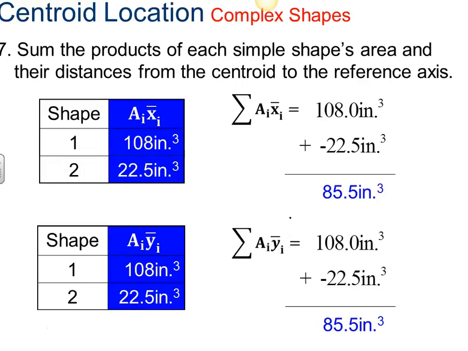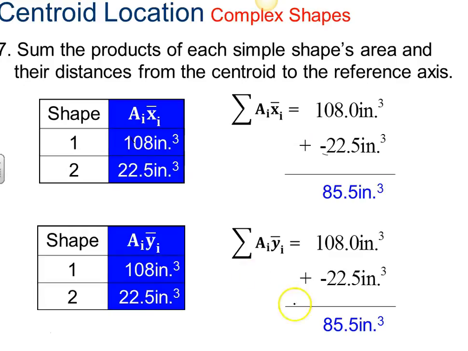Next, we sum the products of each simple shape's area and the distances from its centroid to the reference axis. These are the answers that we got from the last step. So we got 108 cubic inches and 22.5 cubic inches. Remember, that is a negative, so 108 minus 22.5 is 85.5. We do the same for the Y, and the numbers happen to be the same. Don't always assume that to be the case.